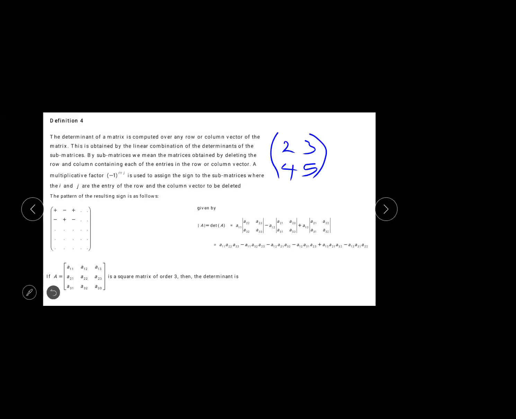You must multiply, starting from here: 2 times 5, that will be 10, minus 3 times 4, that will be 12. So 10 minus 12 will give us minus 2. It's very easy to compute that of a 2 by 2 matrix.